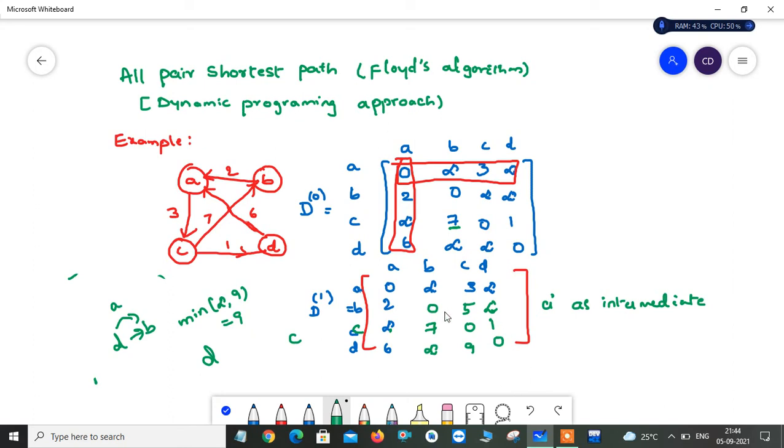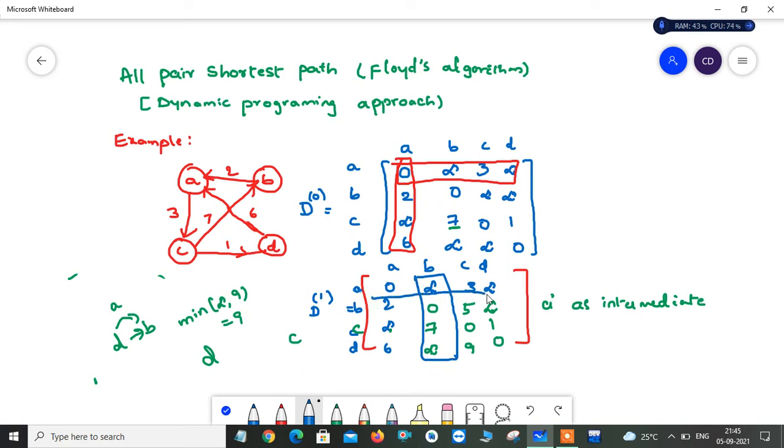So now you take this matrix for the next step. Here we are making A as an intermediate. In the next step we are going to take B as an intermediate, so that this matrix formed from A will be taken for the next step, AB as an intermediate. So now from this weighted graph, I'll make B as an intermediate.